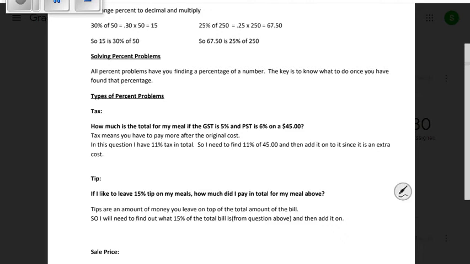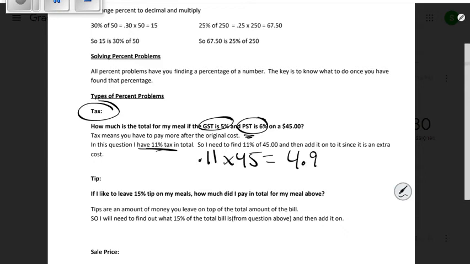Types of percent problems. There's tax. Tax means you have to pay more on the original cost. Here I have 5% GST and 6%, so together that's 11%. So what I'm going to have to do is 0.11 times 45, and I get $4.95.